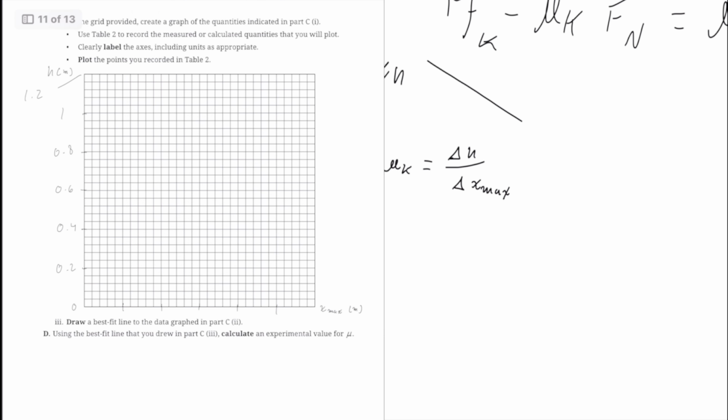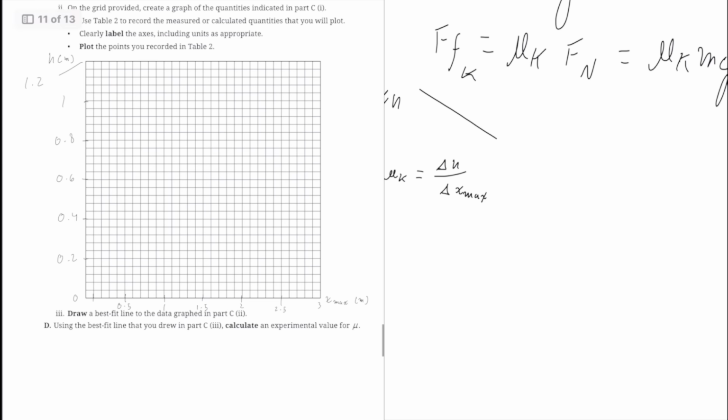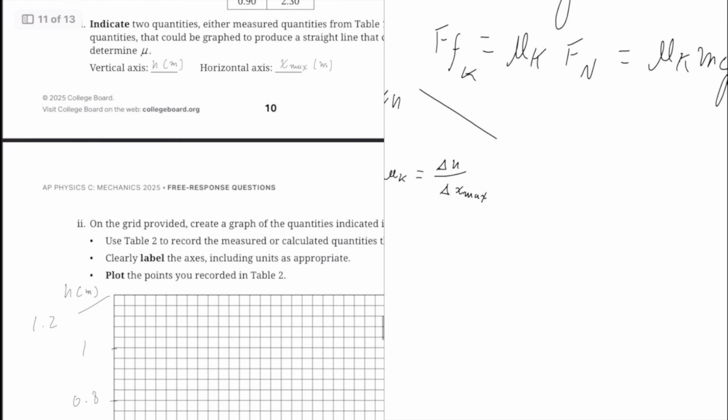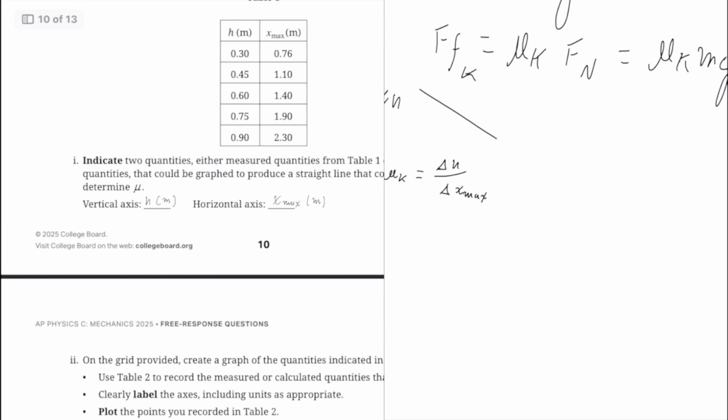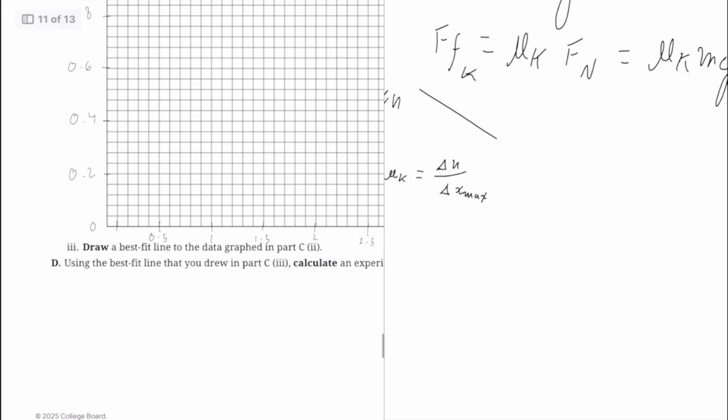So now I have my range, and this bottom axis is really easy to figure out, because what are these increments? Well, they go up by 0.1 until they get to 0.5. So that's really easy. So now let's plot each of our points and find a slope. So 0.3 is the height, and 0.76 is the x max. Well, let's find 0.76.